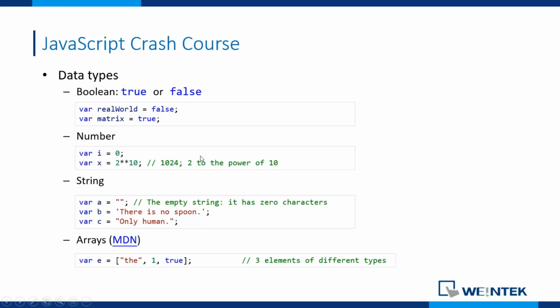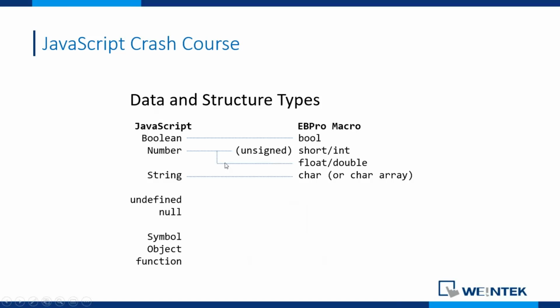inside our EasyBuilder Pro. So if you have used EasyBuilder Pro macro before, the Boolean is the same as the bool in our EasyBuilder Pro macro, and number will be the same as the short integer or float or double in our macro, and the string is kind of like character or character array.